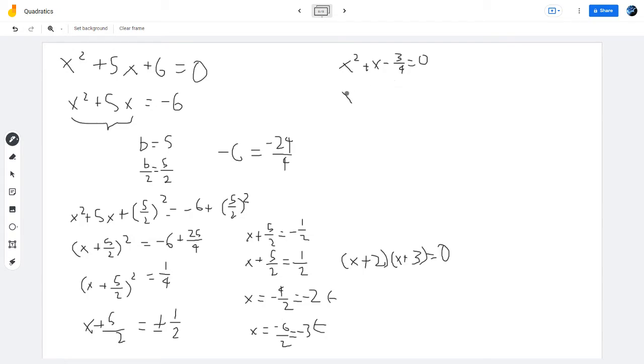So instead, we're going to complete the square. So it's going to equal 3 over 4. And of course, our coefficient here, b, is equal to 1. So we're going to add 1/2 squared to both sides.